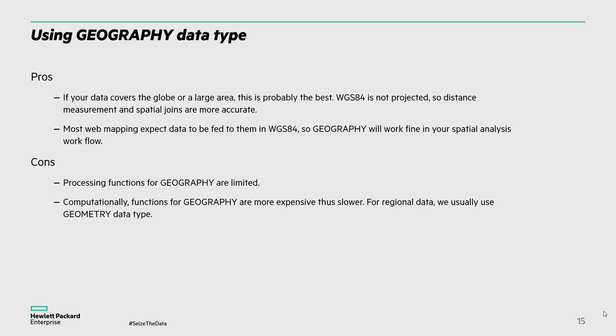The disadvantage is that functions on geography are expensive, so it's slower than on the geometry data type. If your data is regional, then usually we use the geometry data type.